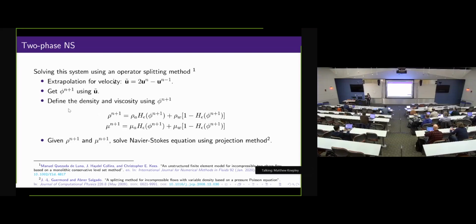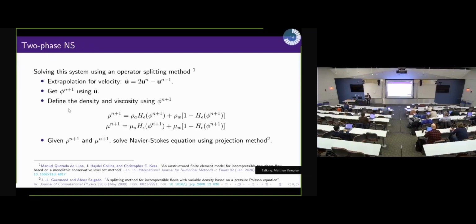Use that extrapolated velocity to get your level set function, and that allows you to define your density and viscosities using the regularized Heaviside function. And you can use your material parameters to solve the Navier-Stokes equation using a projection method, right? The idea of this projection method was from the paper by Guermond and Salgado.